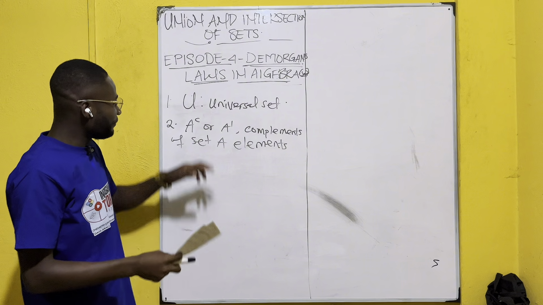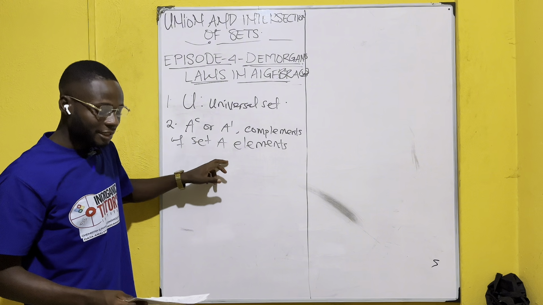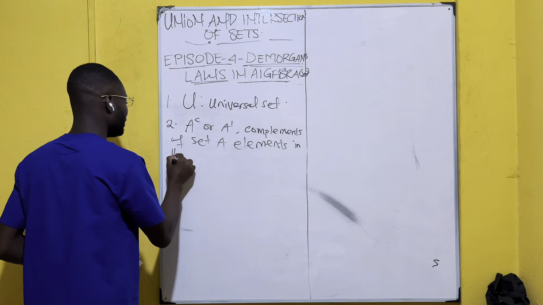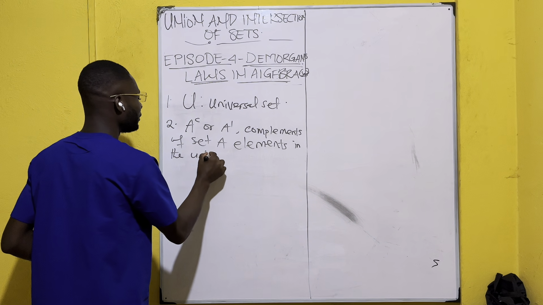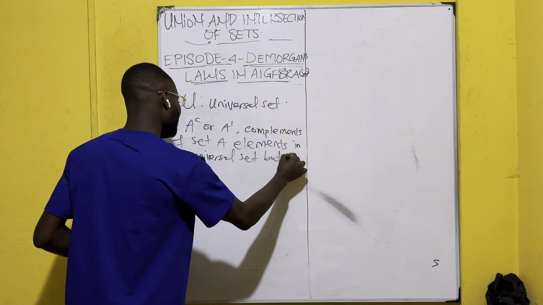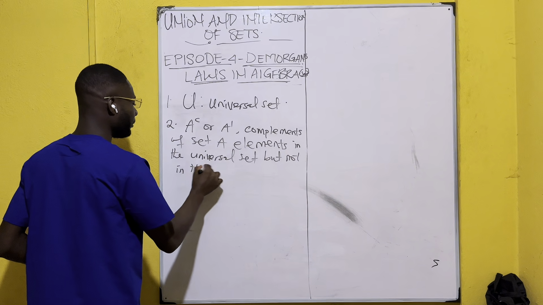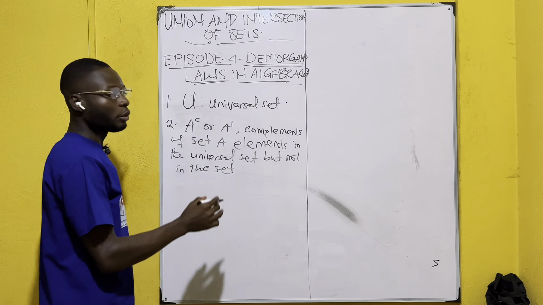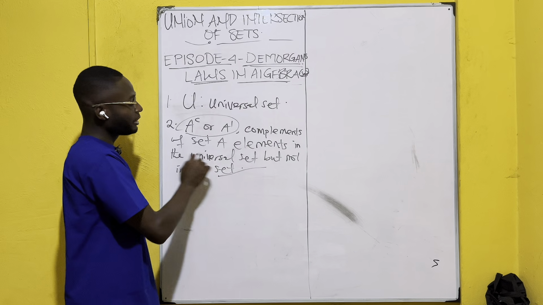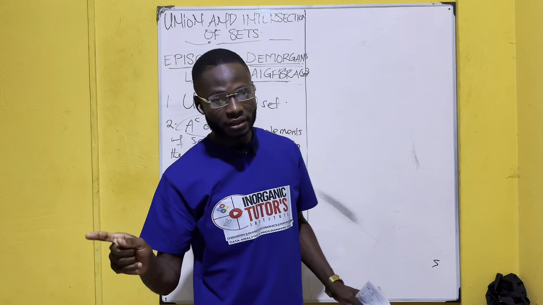If you see A complement or A prime, it means the complement of set A: elements in the universal set, but not in the set.